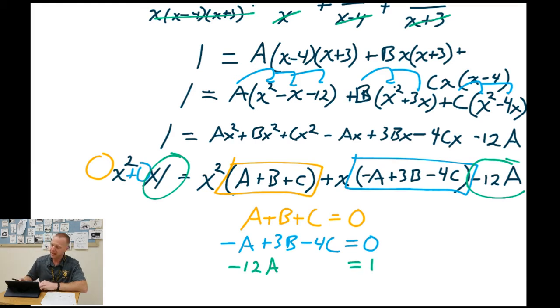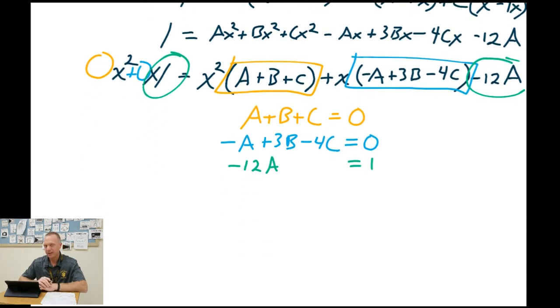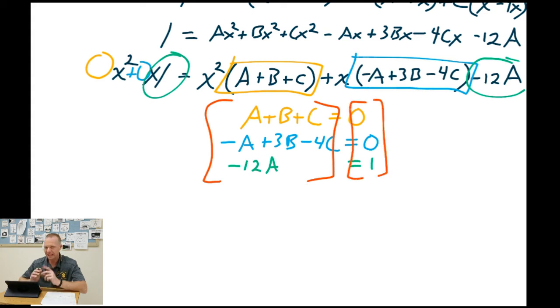Now you'll notice that I left my system ready for a matrix method, which most students would prefer. That last equation needs a couple placeholders, just a couple zeros, but those are different zeros. Those are for b and c. I would put this in your calculator.